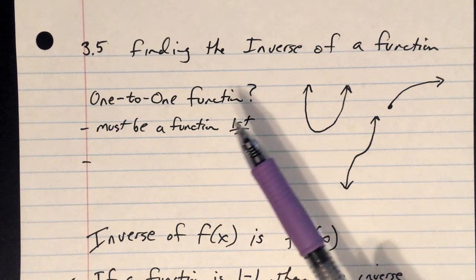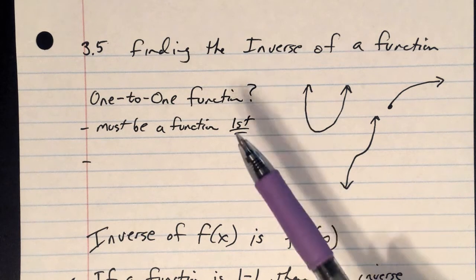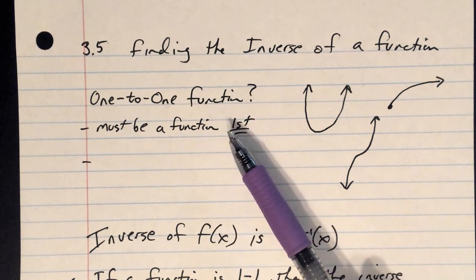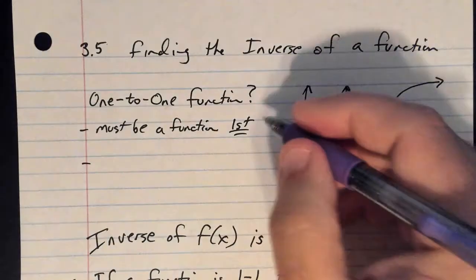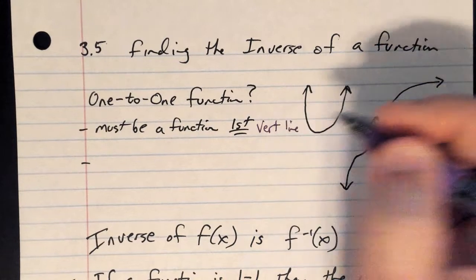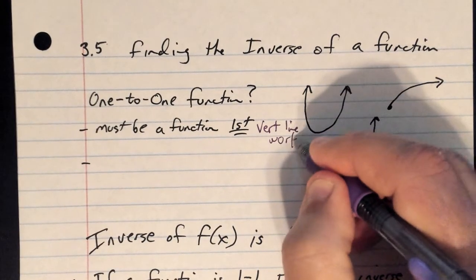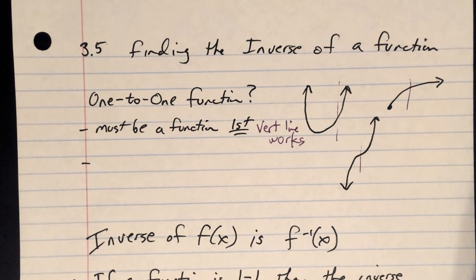function. If you remember, we were able to prove something is a function. One way of doing that is by the vertical line test. And if you notice, these are all functions, because they pass the vertical line test.